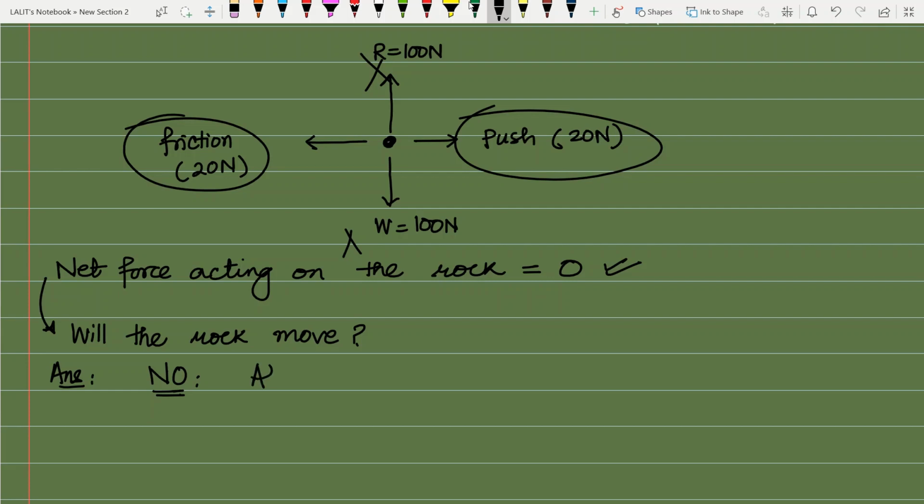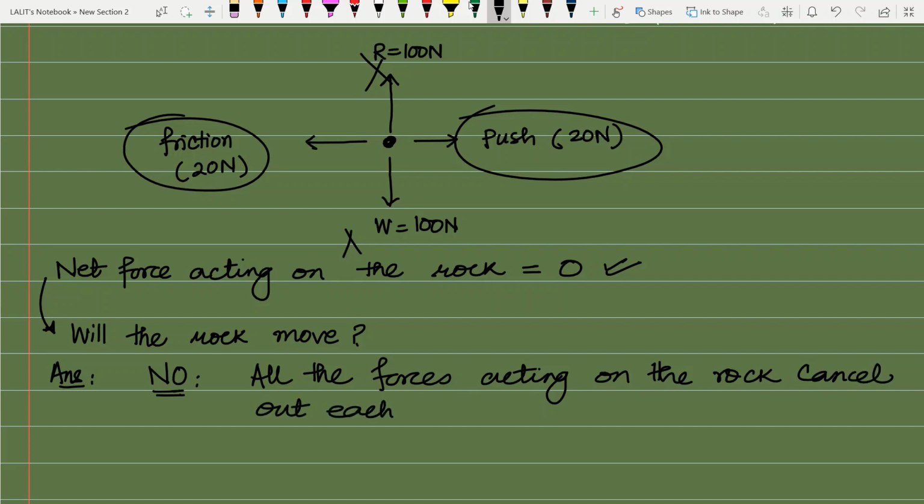Because all the forces acting on the rock cancel out each other. So net force is 0. Hence the rock doesn't move.